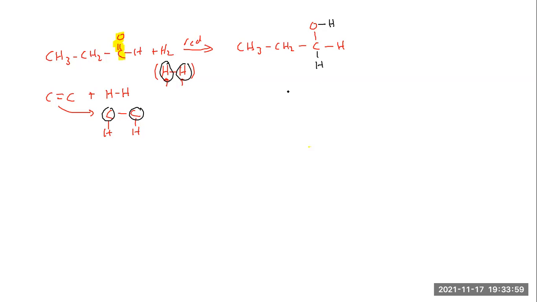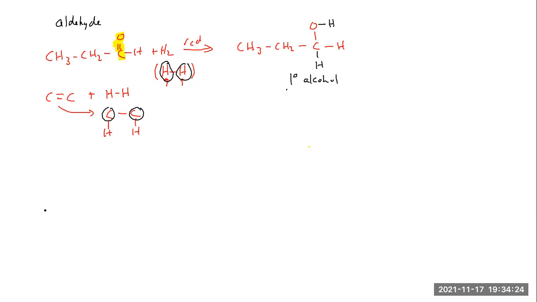And that is how we regenerate from the oxidation part, doing a reduction reaction, which means we added H2 to get back our alcohol. So this is the opposite of the other reaction, our aldehyde going back to our primary alcohol. Question on that reaction there?